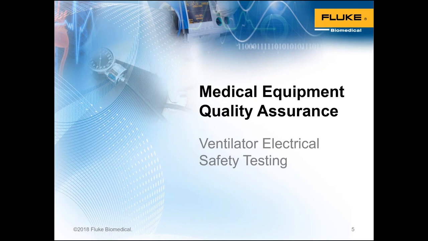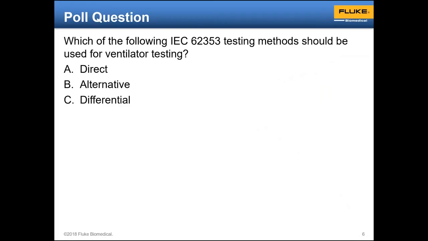Before we begin that, I want a little review question here. And Maria, you can open the poll in just a minute. The question is, which of the following IEC 62353 testing methods should be used for ventilator testing? So I want you to get in your mind a picture of a ventilator.